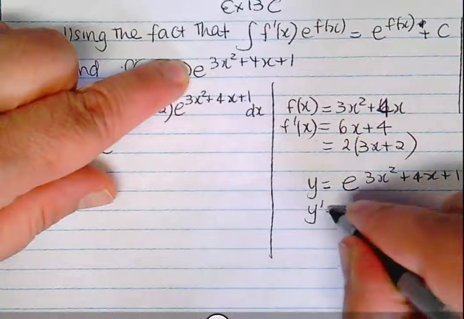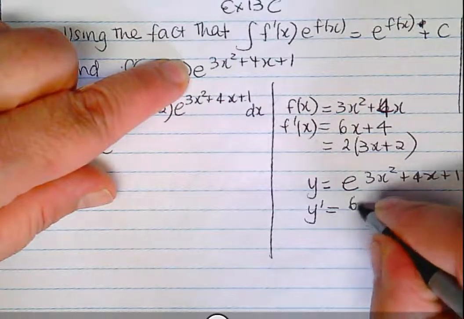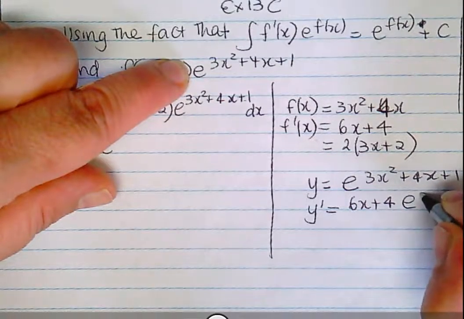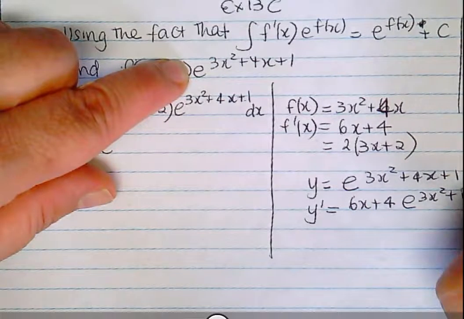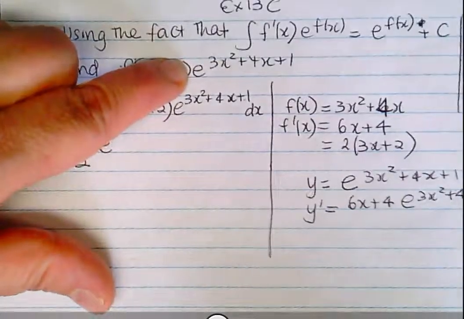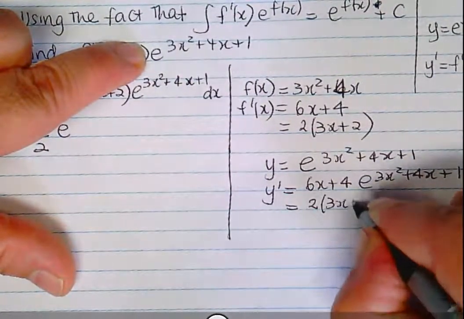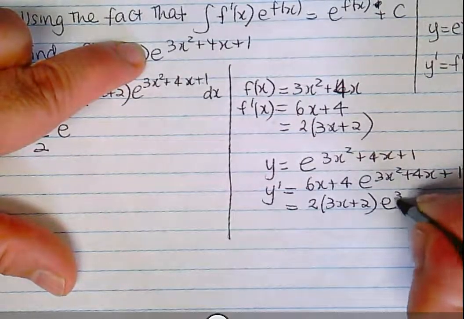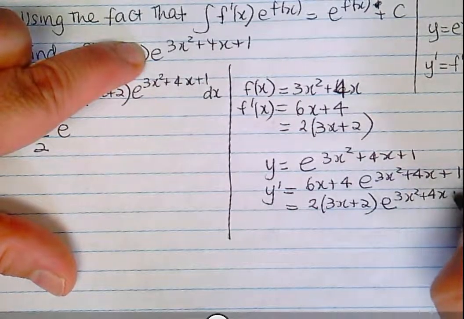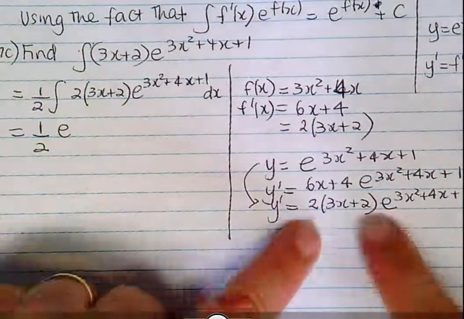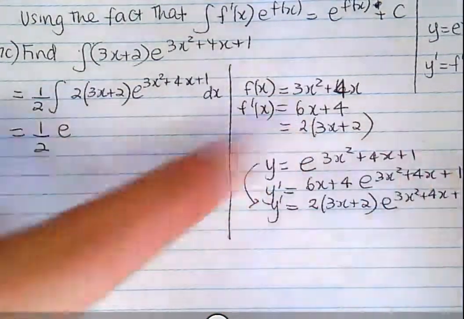Then when I differentiate it, I will get 6x plus 4 e to the function of x, which is 2 lots of 3x plus 2 e to the function of x. So if I differentiate that, I get this down here. So therefore, if I integrate that, I get this top line up there.